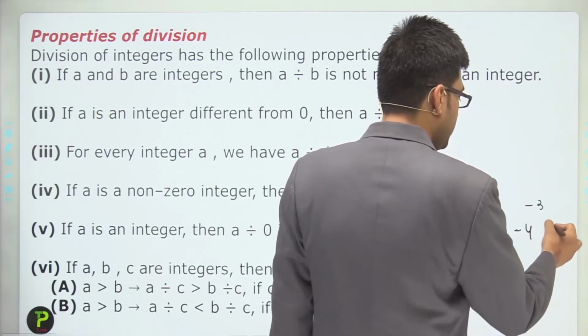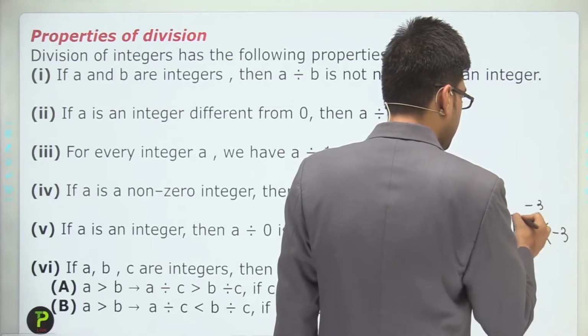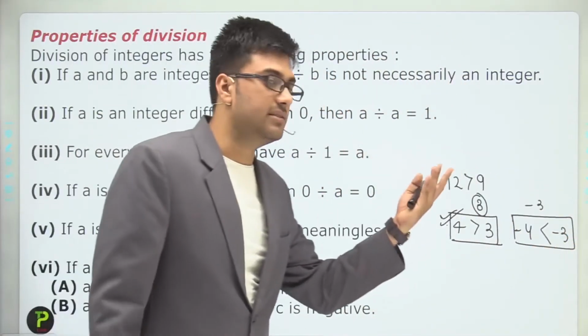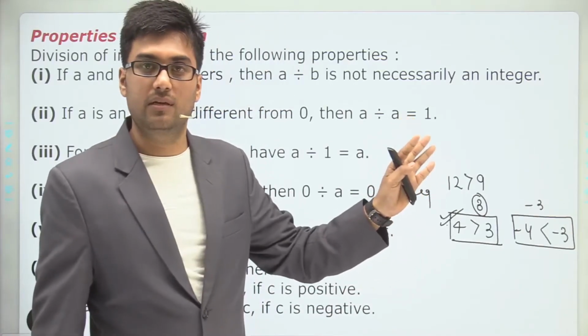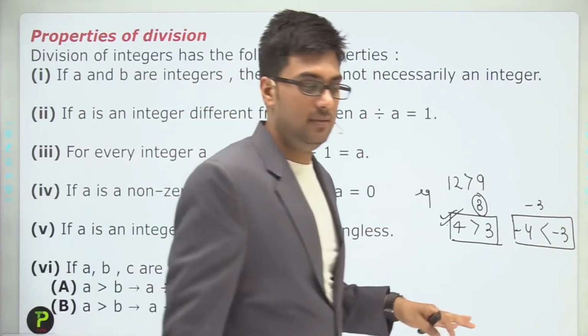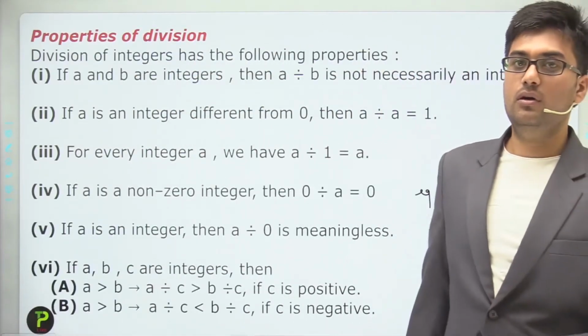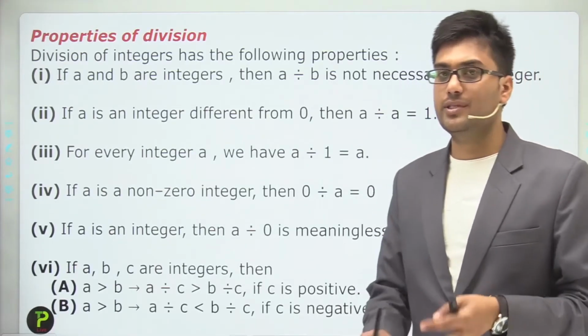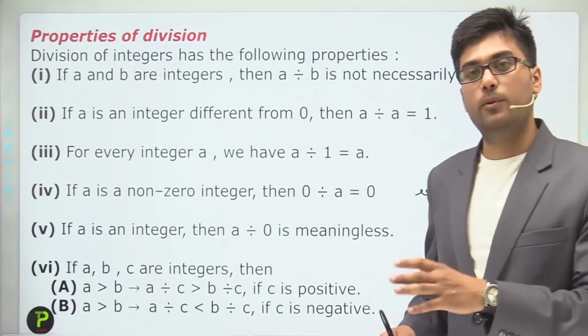Here -4 is less than -3. So when we divide by negative integers, the inequality sign is reversed. Students, I hope you understand all these properties. In competitive examinations, objective questions are directly asked from these properties.